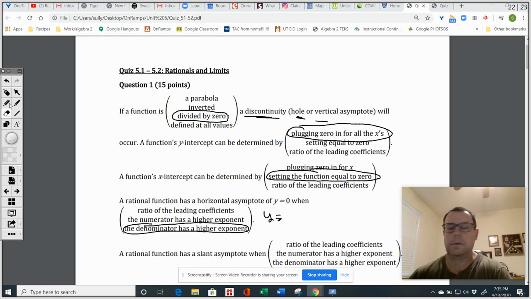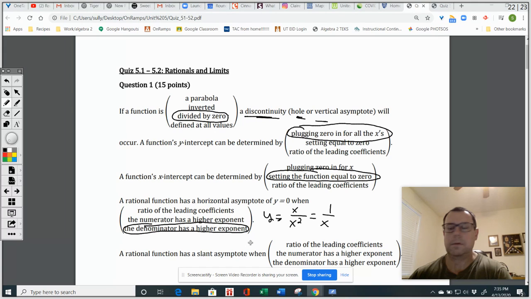An example of this could be y equals x divided by x squared. So this would reduce to 1 over x, and it doesn't matter how big or how small x is, it's never going to be equal to 0. It's going to go to 0.